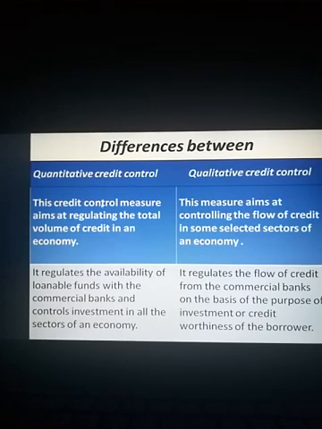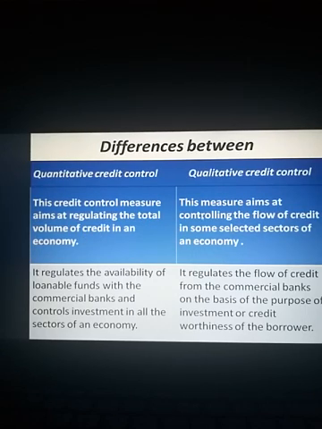Recollect when we discussed quantitative credit control methods, we learnt about bank rate, OMO, CRR as well as SLR. When I discussed those, I clearly mentioned that depending upon the situation, whether it is inflation or deflation, the central bank regulates the total volume of credit. That is, it either controls or expands the credit. That's what this type of measure does: it regulates the amount of credit available in the economy.